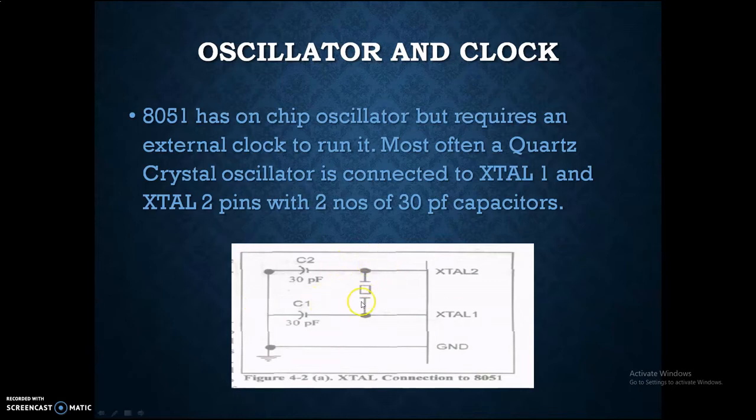These crystals are connected with XTAL1 and XTAL2, that is pin number 18 and pin number 19, and they are grounded via a 30 picofarad capacitor. But in practice, when we design some circuitry, we cannot find a 30 picofarad capacitor. We will find only 33 picofarad in the market.